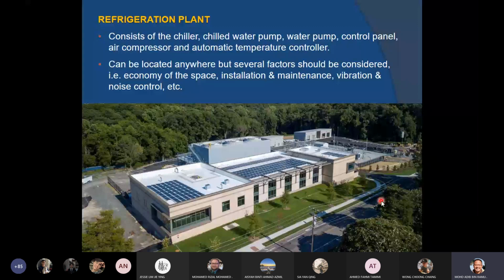Maybe earlier I've shown some examples where the plant and the cooling tower are located at different places, so maybe the plant room in the basement and the cooling tower on the rooftop. But this is another configuration of the component. You can see here that this is the plant room.